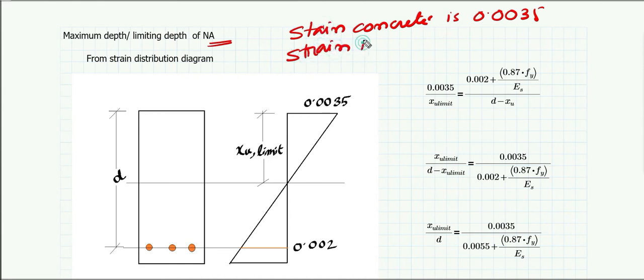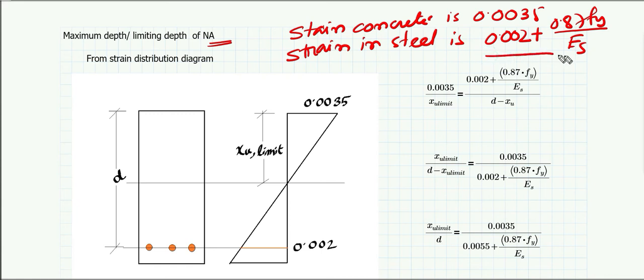And the strain in steel is 0.002 plus 0.87 Fy by Es. This is the limiting value of strain in steel.